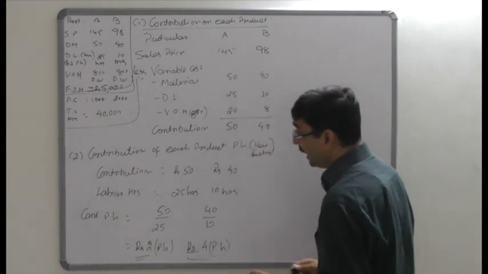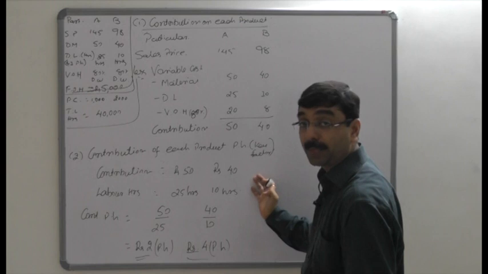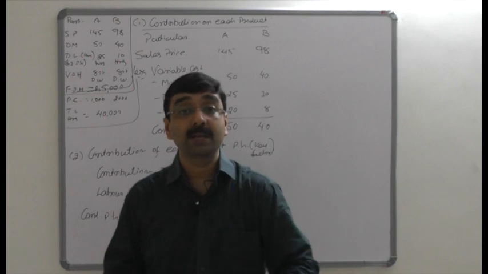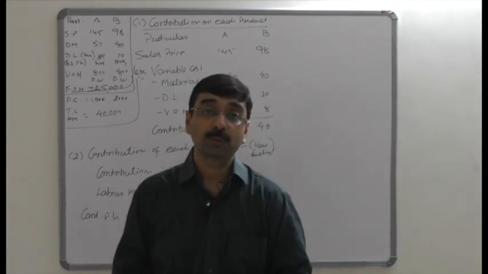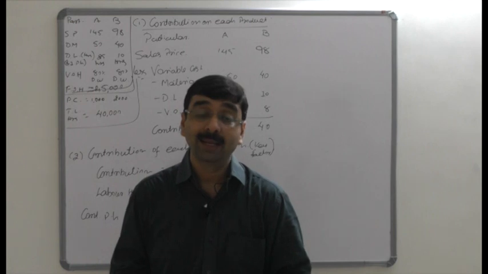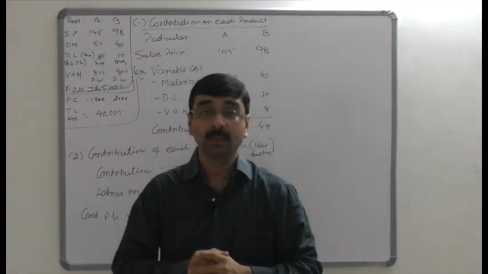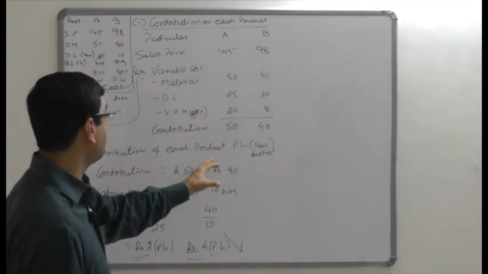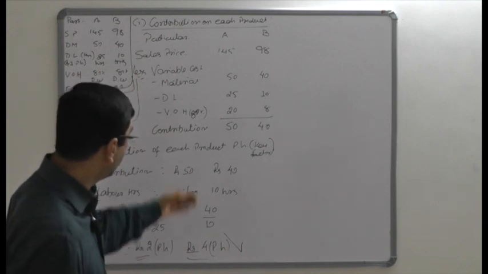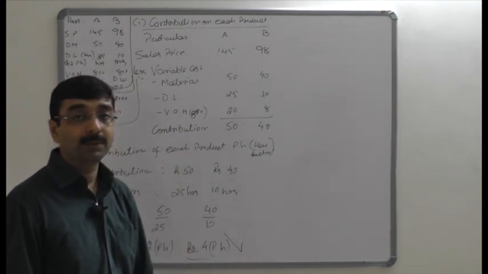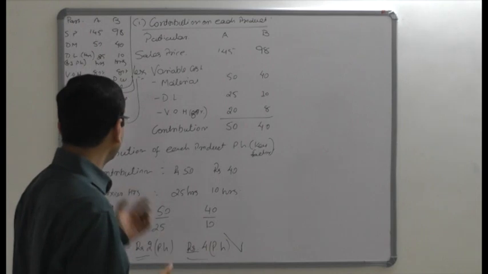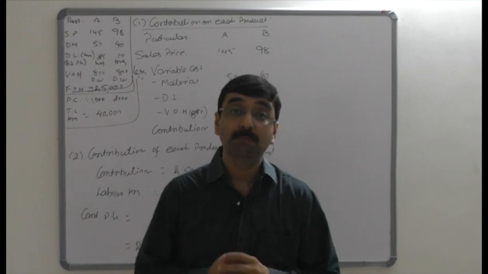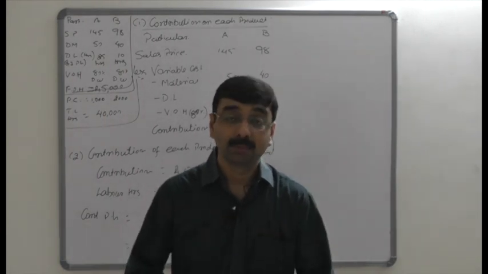If you compare the contribution of each product per hour, you can easily identify that product B's contribution per hour is quite higher than product A's. So the company needs to manufacture product B more and to the maximum, rather than product A.